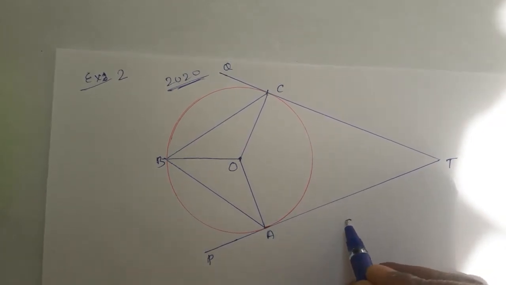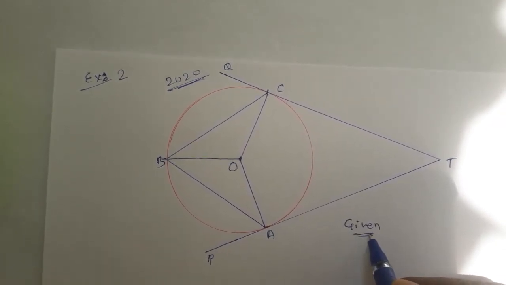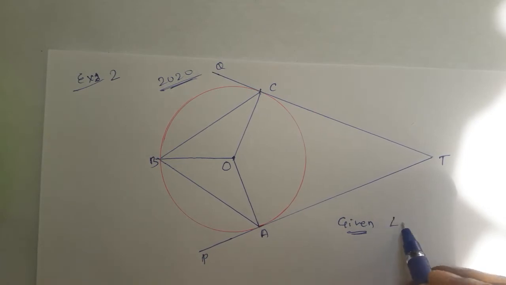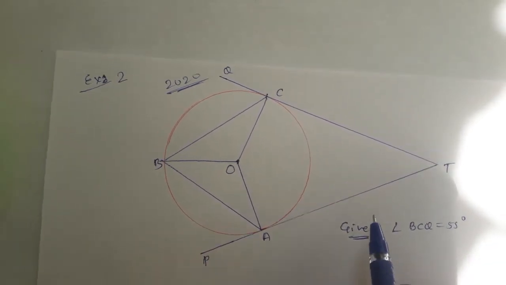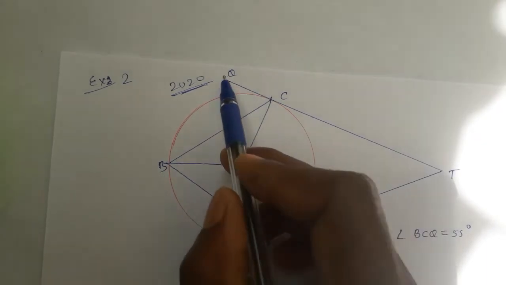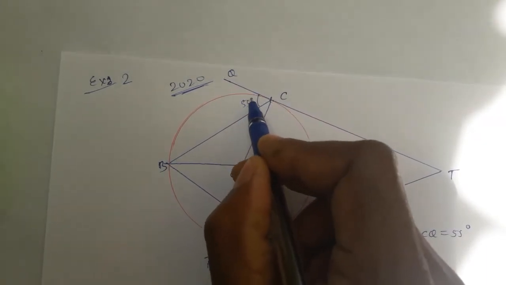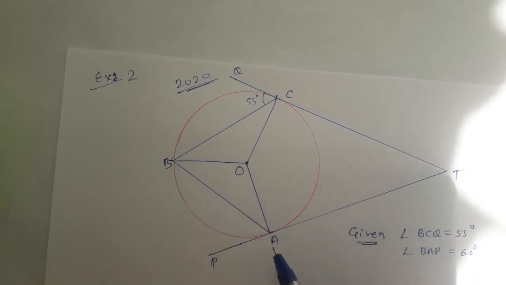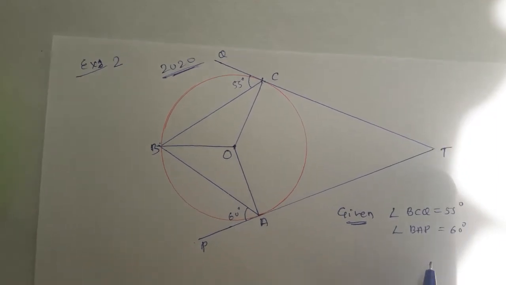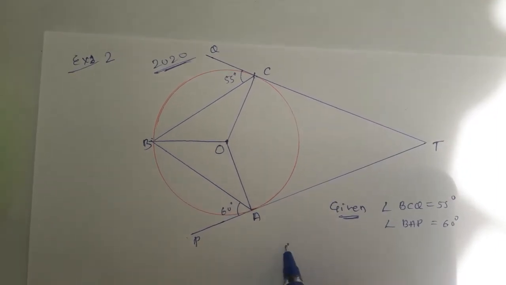I write here what is given. Angle BCQ equal to 55 degrees, given. Where is angle BCQ? This is 55 degree. Angle BAP is equal to 60 degree, given. There are three unknown angles in the question.